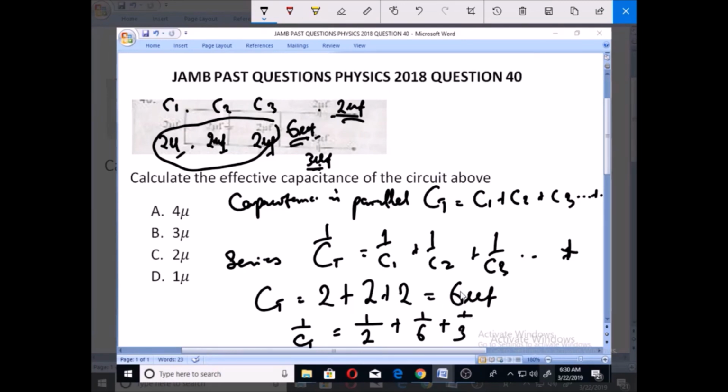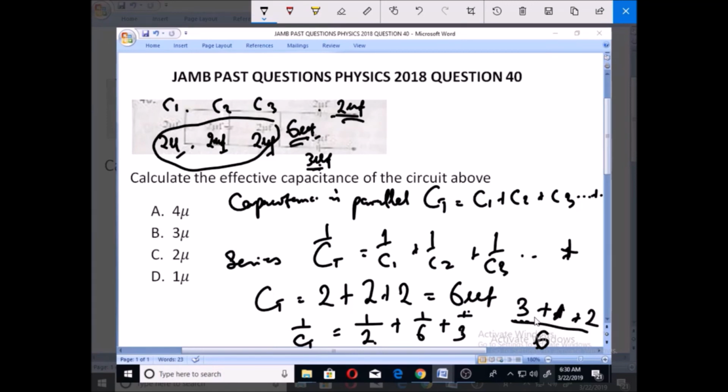So this is what we have. If we take the LCM of 2, 6 and 3, which will be 6. 6 divided by 2 is 3 times 1, we have 3, plus 6 divided by 6 is 1 times 1, 1, plus 6 divided by 3 is 2 times 1, 2.